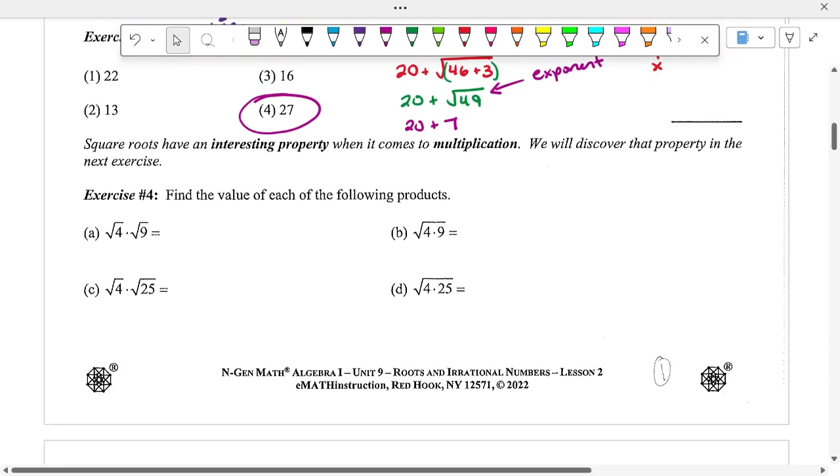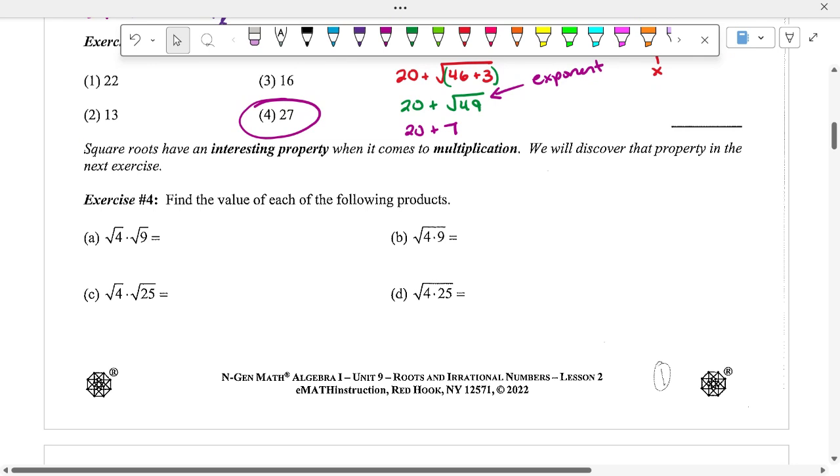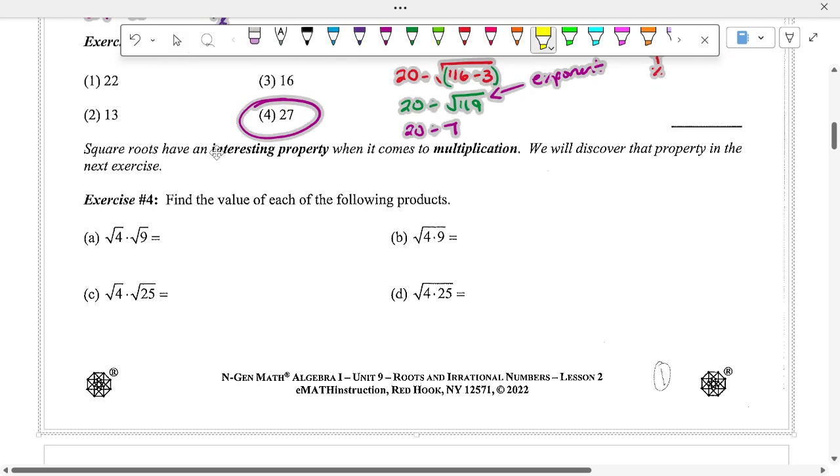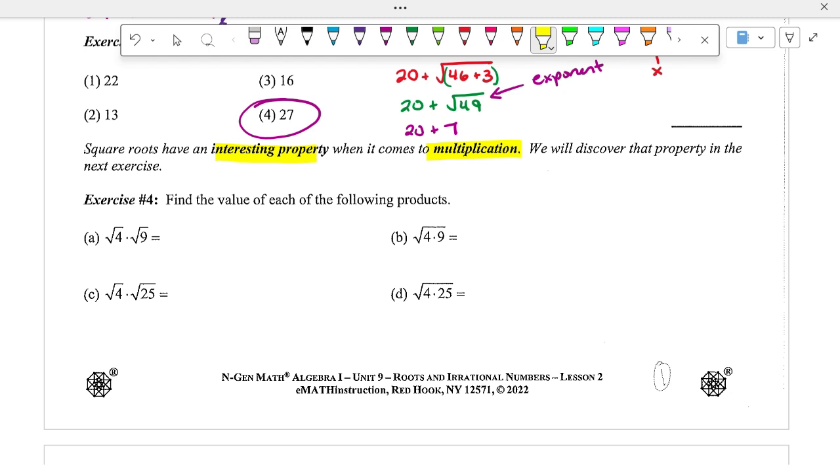Now, another thing about square roots is that they have a very interesting property when it comes to multiplication. All right. So here's what I want you to do in your calculator. I want you guys to type in the square root of 4 times the square root of 9.